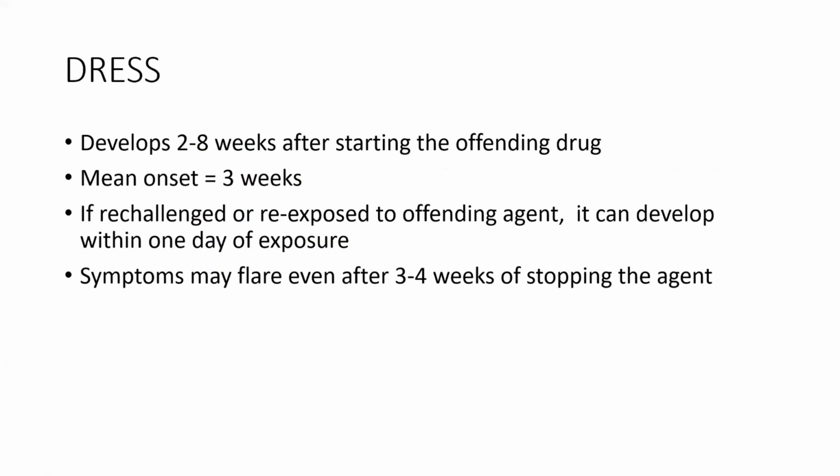Again, it develops 2 to 8 weeks after starting the offending drug, and the mean onset is 3 weeks of taking the drug. If re-challenged or re-exposed to the offending agent, it can develop within 1 day of exposure. Symptoms may flare even after 3 to 4 weeks of stopping the agent.